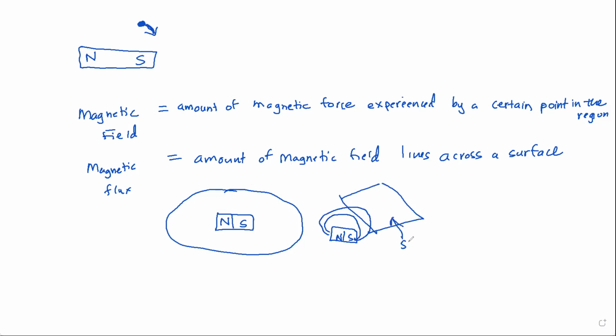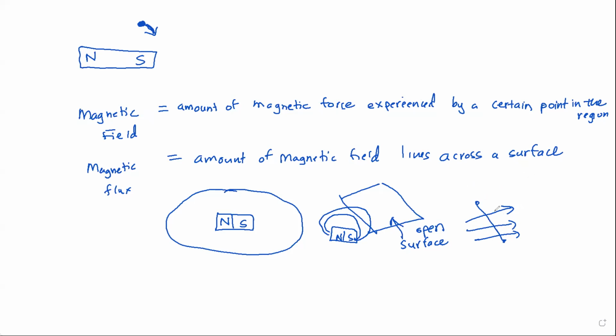So this rectangular one is a surface. So this is an open surface, right? If we take another view of the rectangular surface like this, if we have the plane in this manner, then the magnetic flux lines can go through this surface. So the amount of magnetic flux lines that go through this surface is known as the magnetic flux.